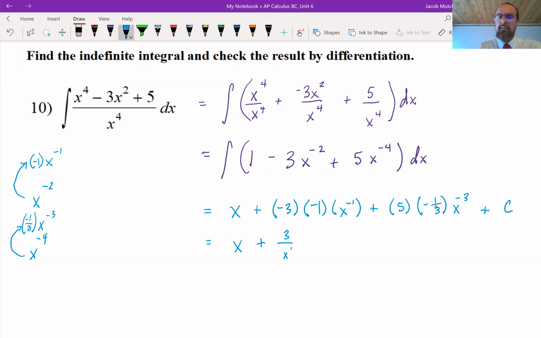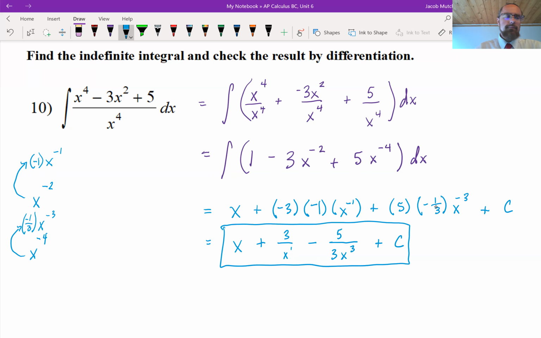That's going to become a positive power when it descends to the denominator, minus 5 over 3x cubed plus c. And that completes the integration.